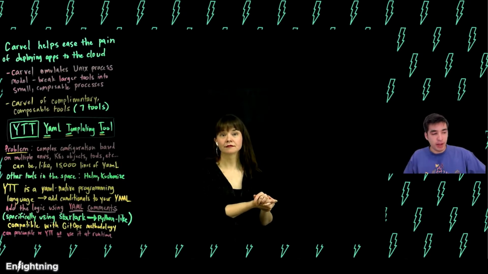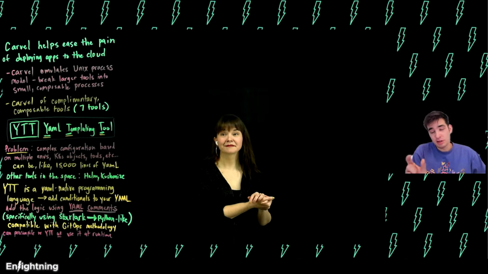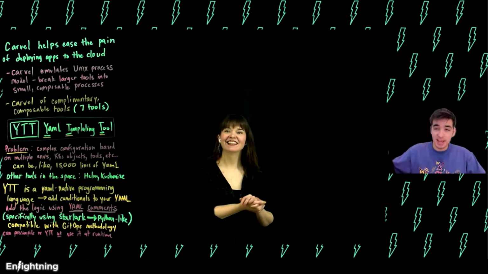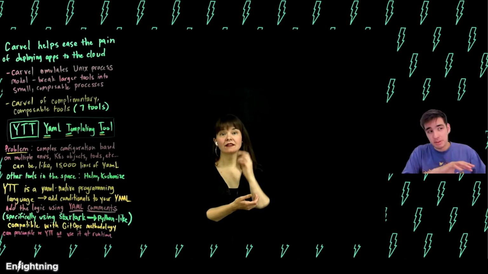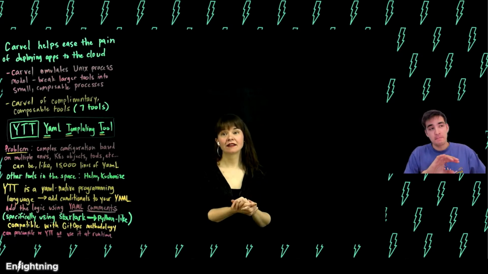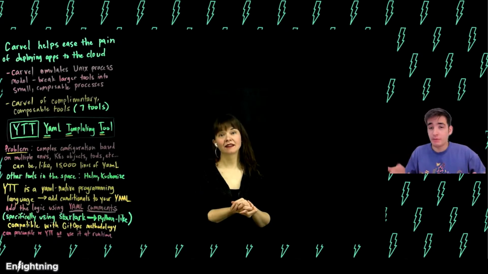If I were to compare the barrier of entry of getting into YTT to something like the very specific part of the monolithic tool that's called Helm, which is the text template programming language with the Sprig library, I would say that text template is very error prone. It's a lot like functional programming, which not a lot of people are very familiar with.